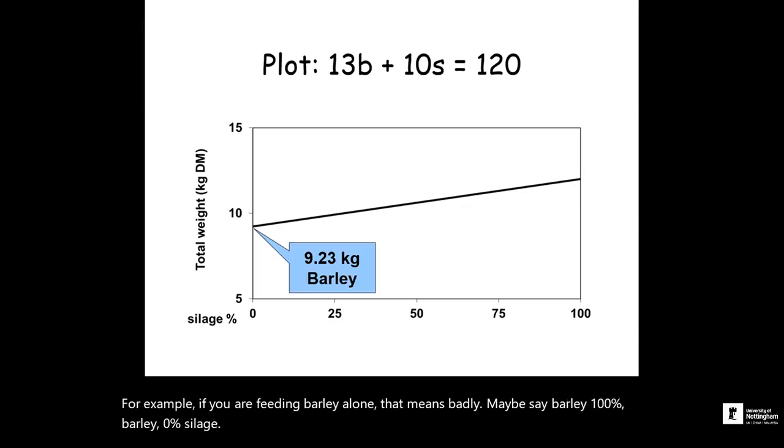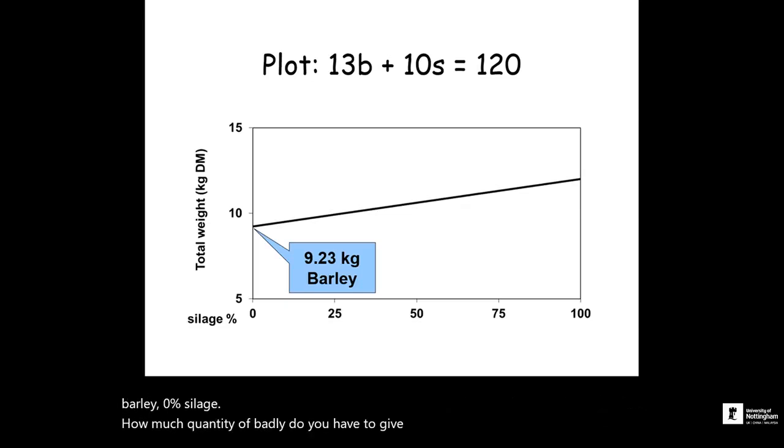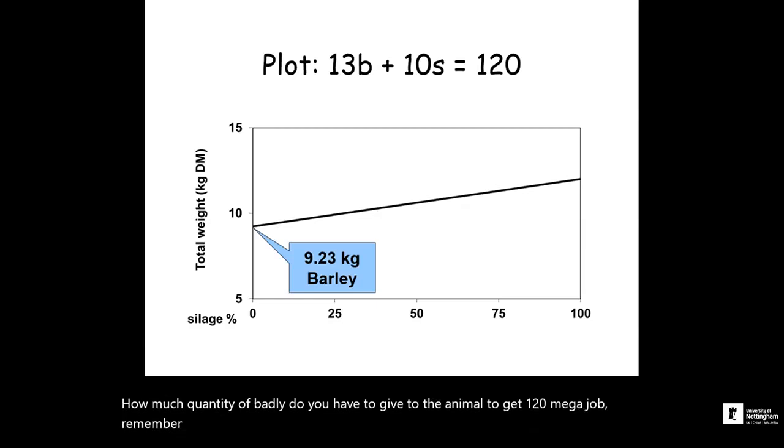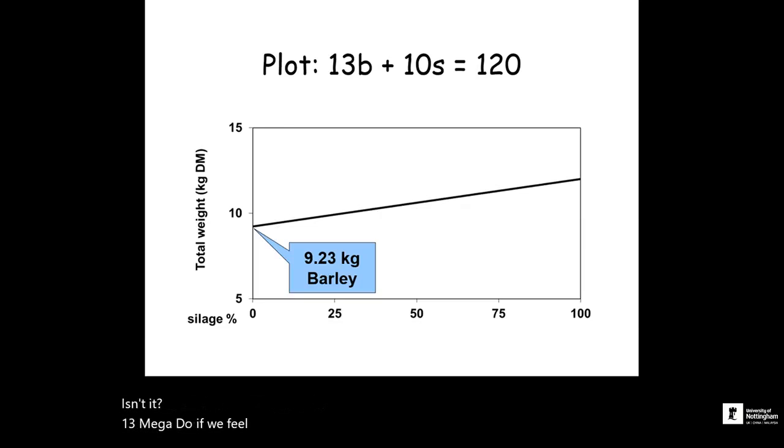How much quantity of barley do you have to give to the animal to get 120 megajoule? Remember, barley has 13 megajoule, isn't it?